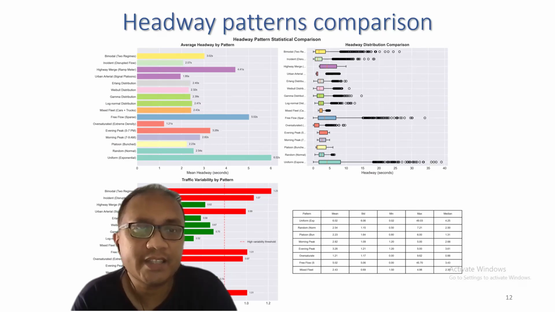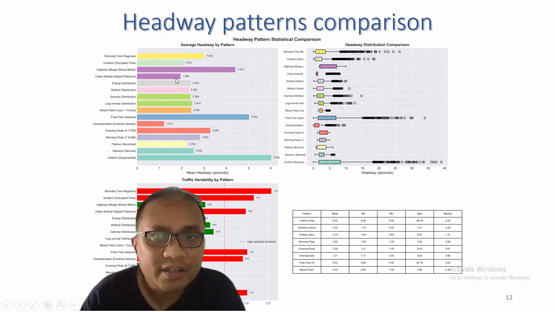And we can see that for uniform distribution, the average headway is 6.02 second, and similarly the average headway for bimodal is 3.02 second.